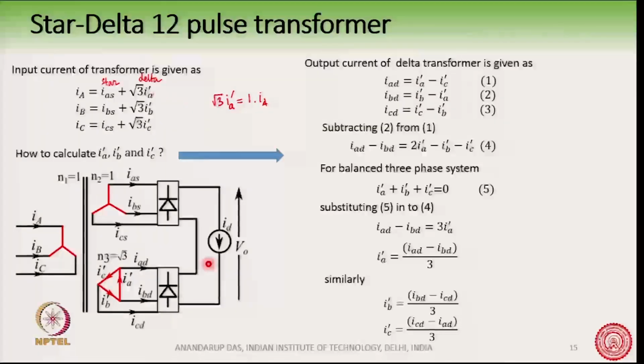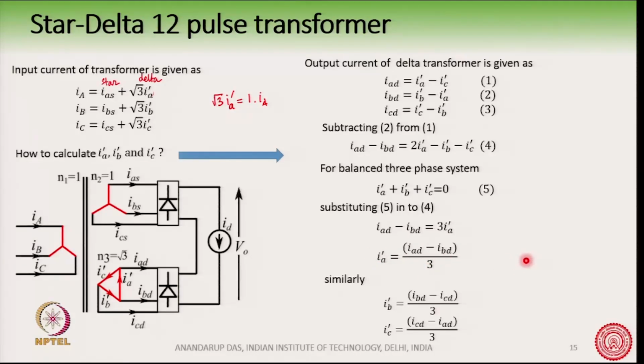So these are the 3 equations. Subtracting 2 from 1, I can find IAD minus IBD, and for a balanced system, if we assume that IA dash plus IB dash plus IC dash is equal to 0, then we can substitute it back, and we get an expression for IA dash equal to (IAD minus IBD) divided by 3.